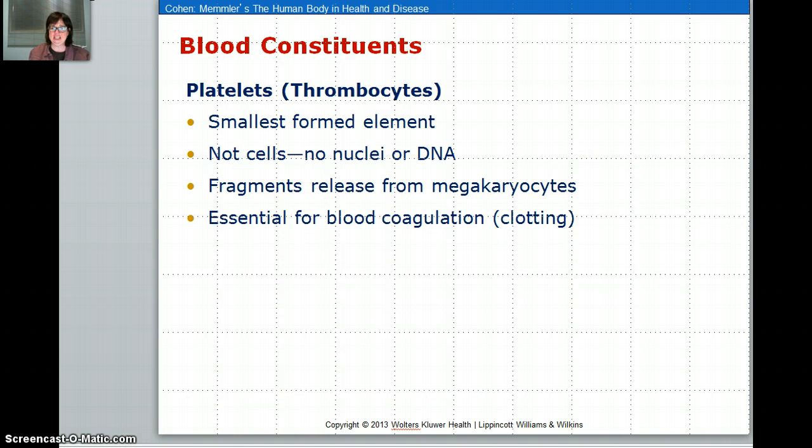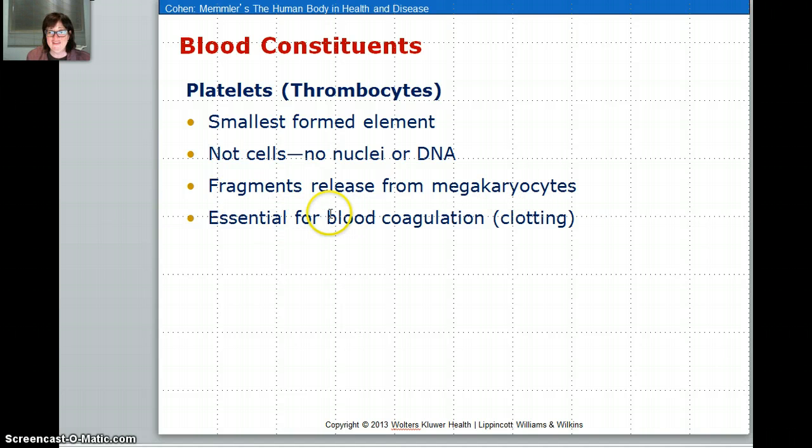Third component is the platelets or the thrombocytes. Thrombo is a clotting word. Thrombosis is a clot. So thrombocytes are the smallest formed elements. They're not cells. They don't have nuclei or DNA. They are fragments released from the megakaryocytes, which we'll look at when we talk briefly about blood development.